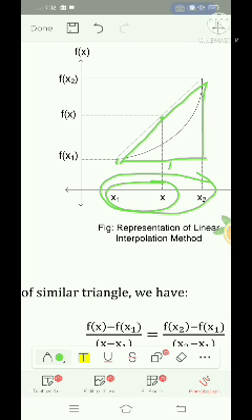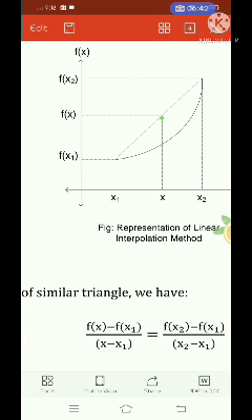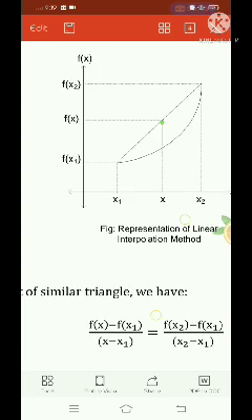Okay? So based on that similar triangle, what can we get from it? Just by manipulating the expression, you can cross multiply it, and after that we'll be able to come up with an equation for us to solve for f of x, which is this.